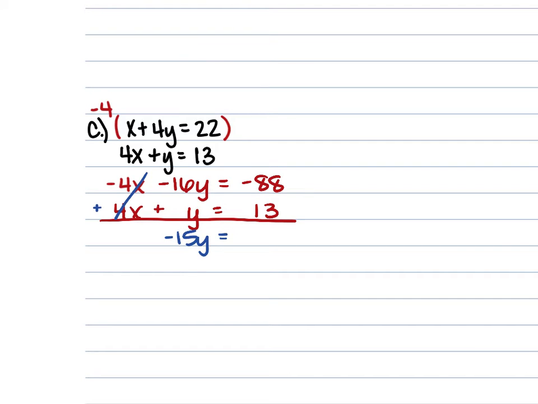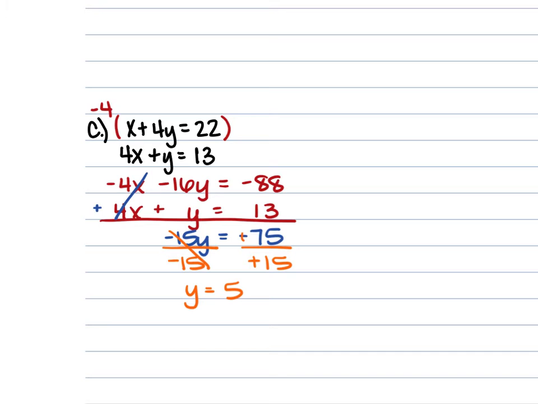That negative 88 plus 13 is negative 75. So now I just have to divide each side by that 15 to get y by itself. If I divide each side by this negative 15, a negative divided by a negative is a positive. 15 goes into 75 5 times, so y is equal to 5.